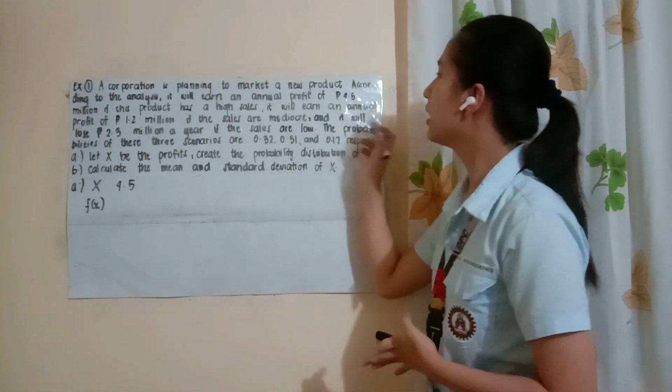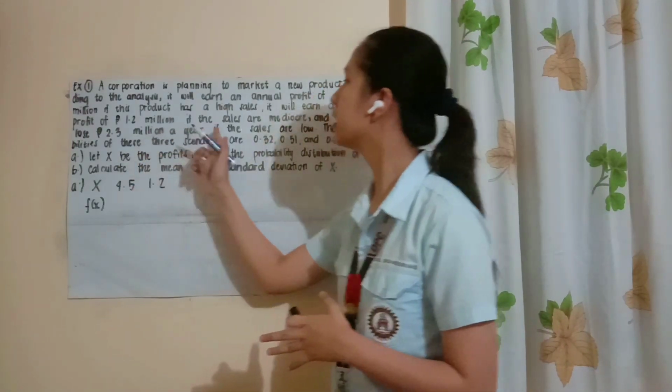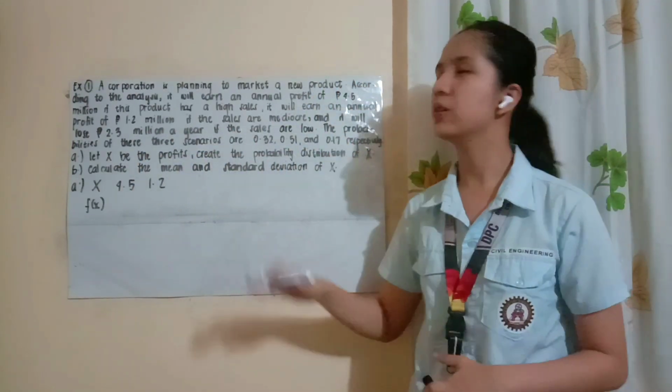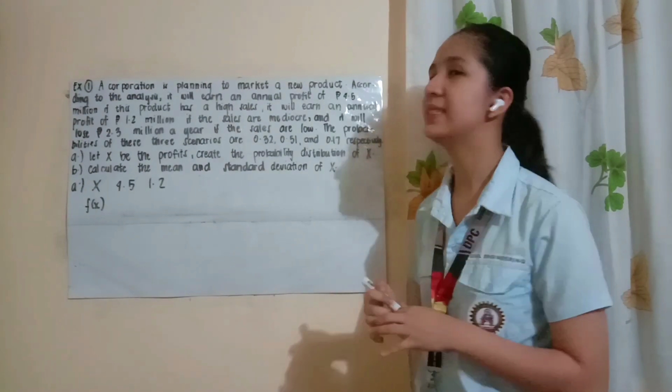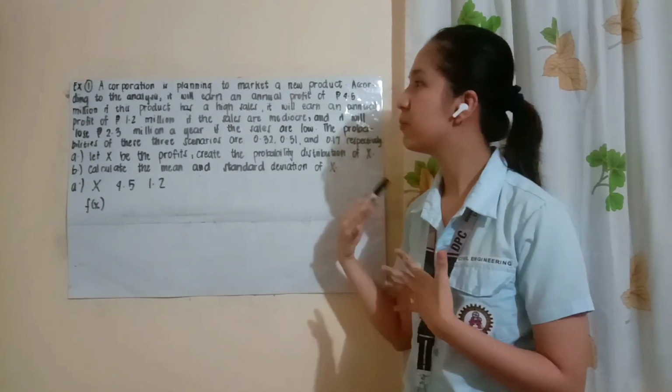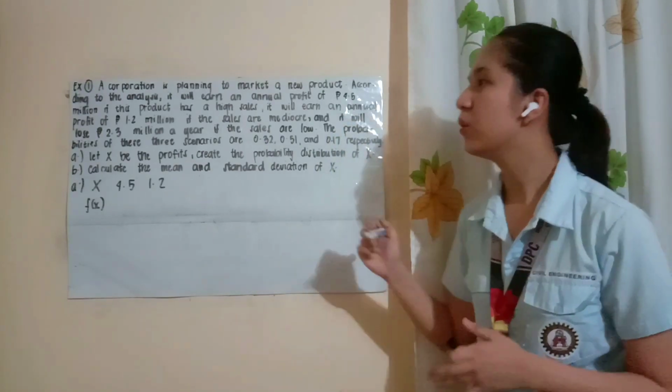Next, it will earn an annual profit of 1.2 million, so we put that again. For the last one, it will lose 2.3 million a year if the sales are low. So the corporation loses 2.3 million, and we cannot make it positive since the corporation will not gain. So let's denote it as negative 2.3.